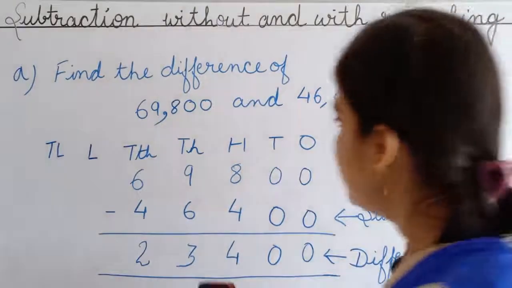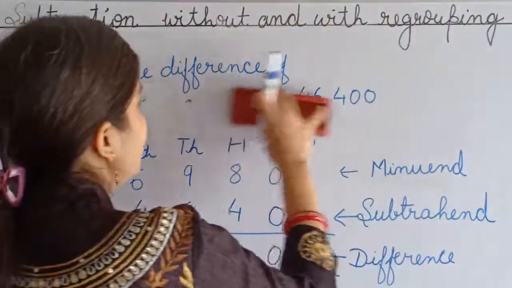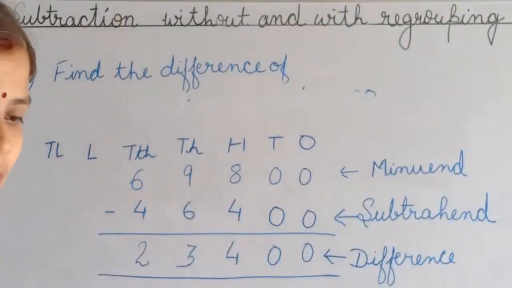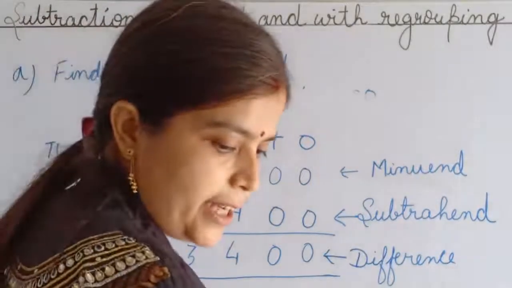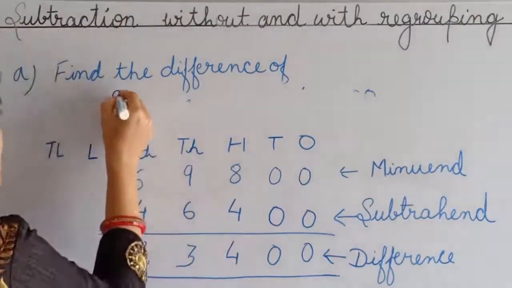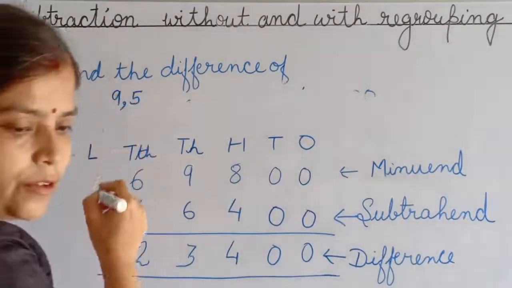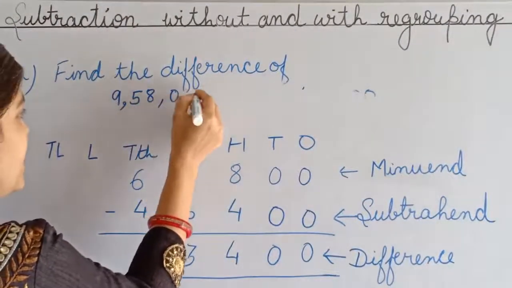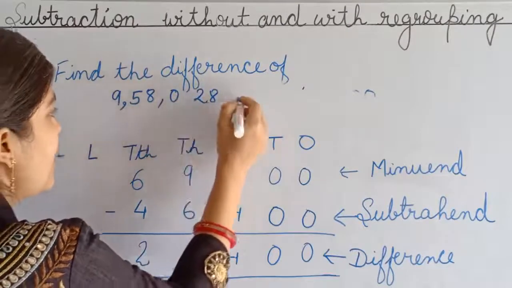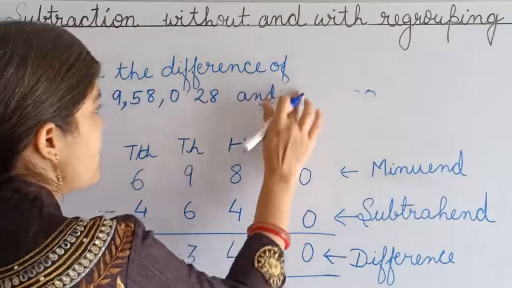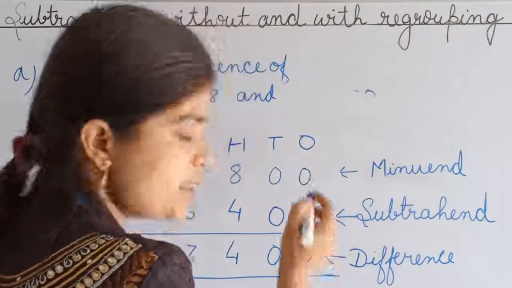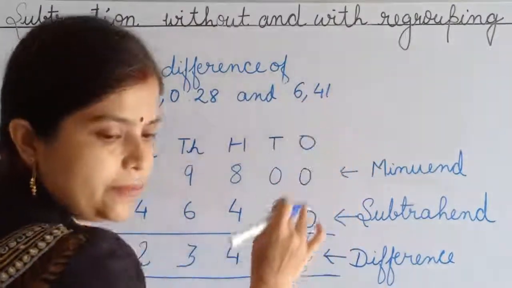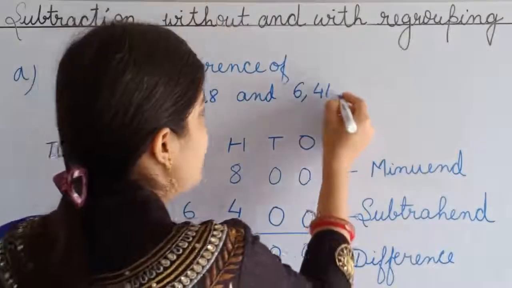For example, here, find the difference of 9 lakh 58,028 and 6 lakh 41,280.